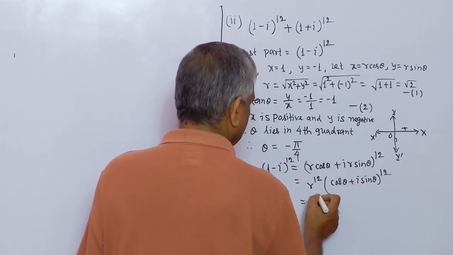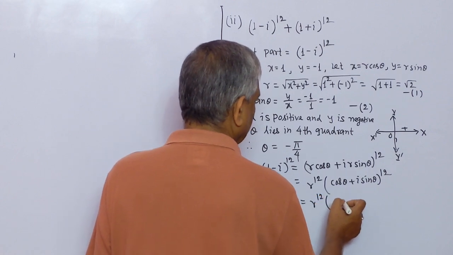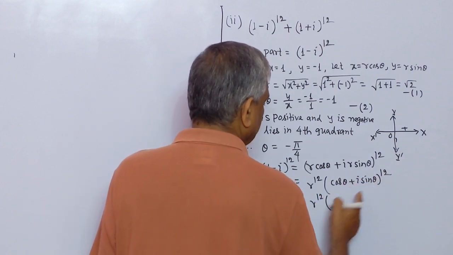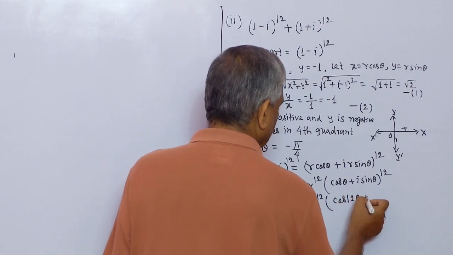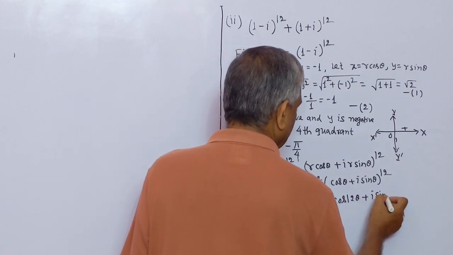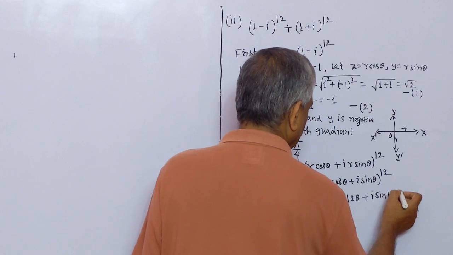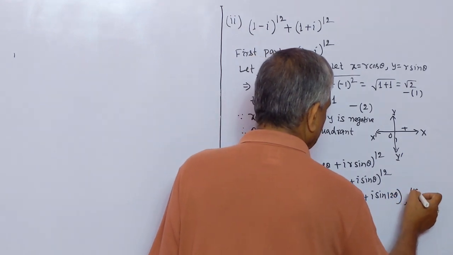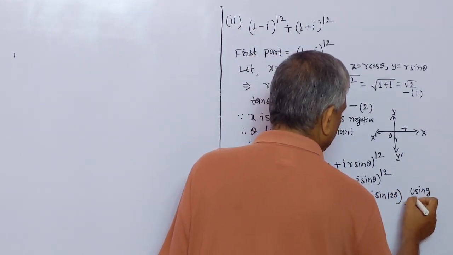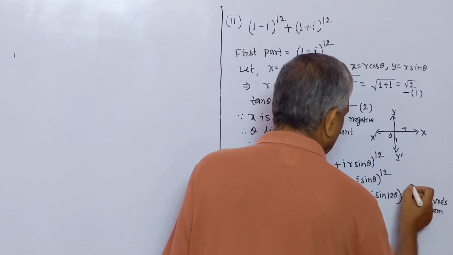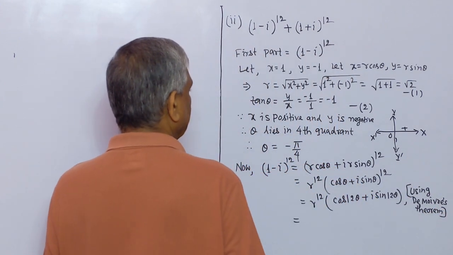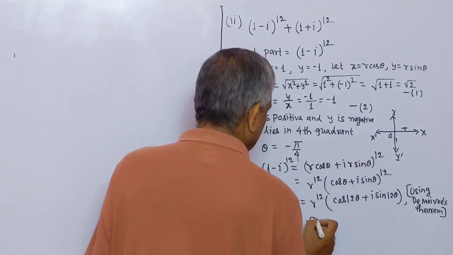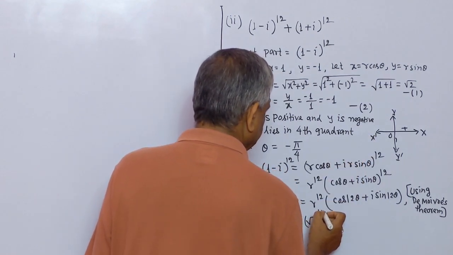Firstly write r to the power 12 by using de Moivre's theorem, cos 12 theta plus i sin 12 theta. Here r is square root 2 to the power 12.